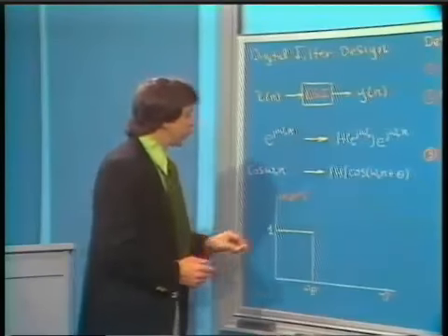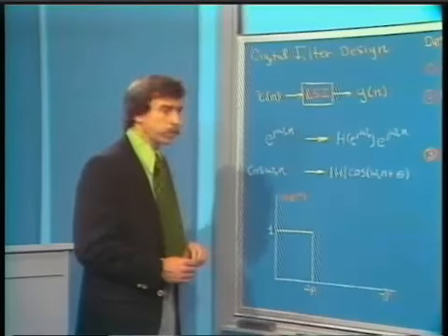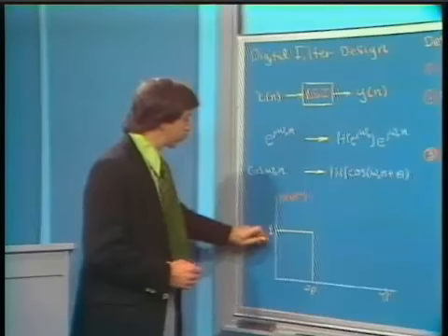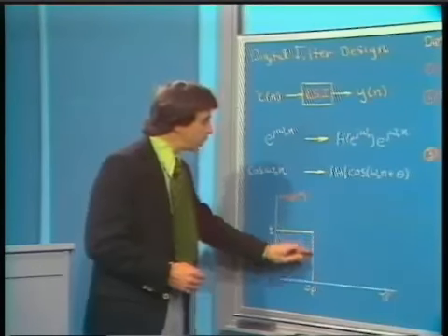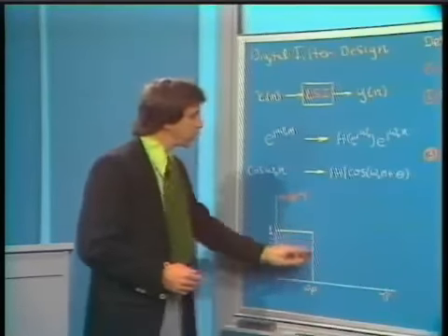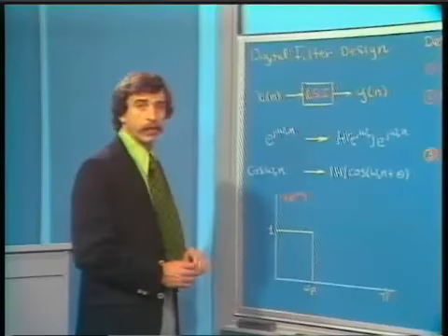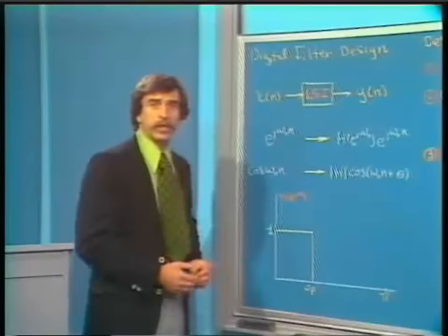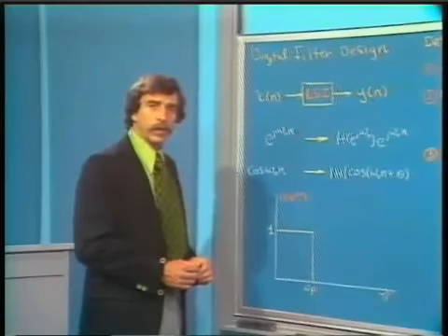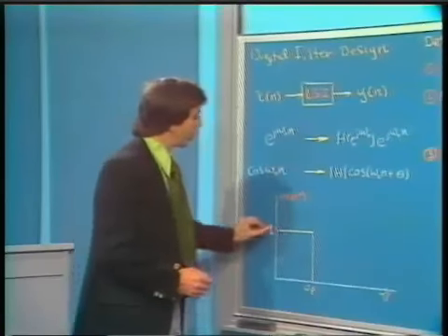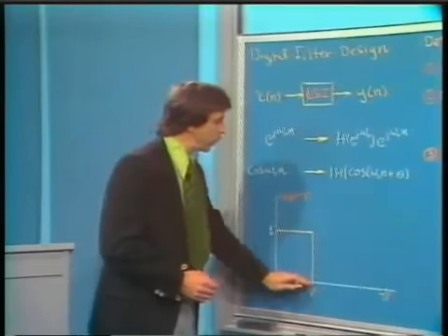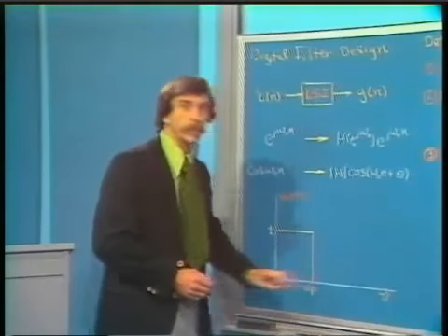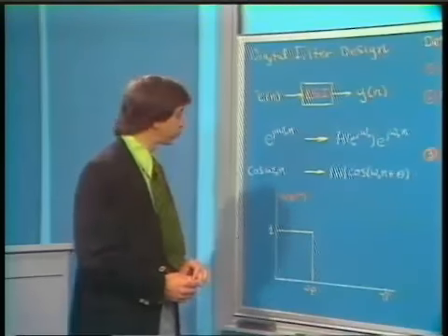A linear constant coefficient difference equation, or a rational system function, can't achieve exactly an ideal low-pass filter characteristic as we have here, and in general can't achieve any ideal frequency selective characteristic where the transition from one band to another is as abrupt as we would like it to be ideally.